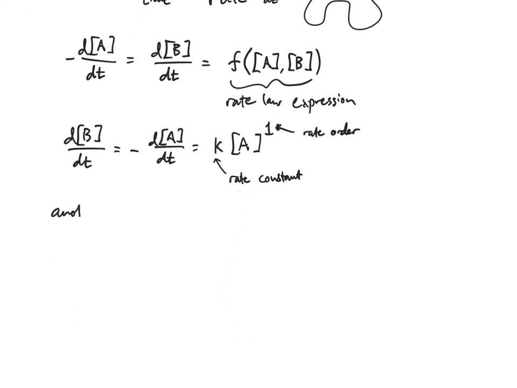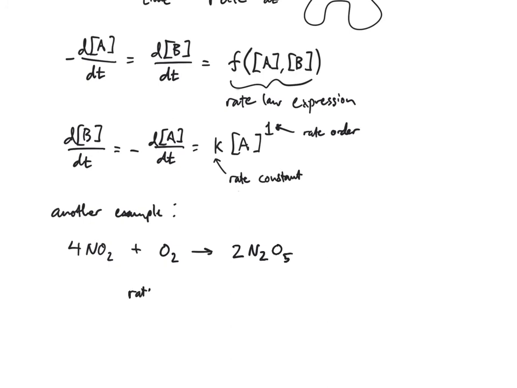And so let's take a look at another example here for a different type of reaction that will have a different rate law expression. We may have 4 NO2, nitrogen dioxide, reacting with O2, oxygen, and it's going to form N2O5, dinitrogen pentaoxide.